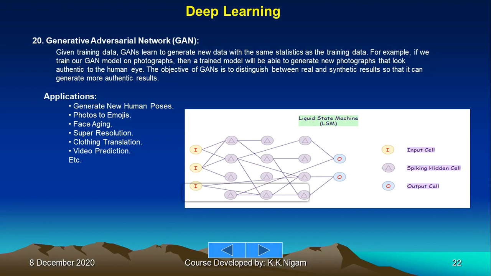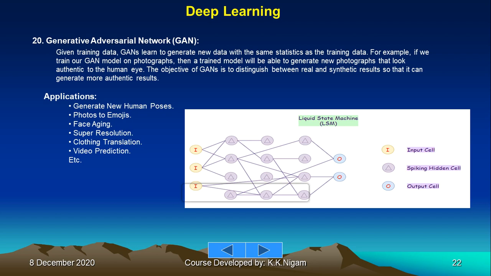Now, generative adversarial network, GAN. Given training data, GANs learn to generate new data with the same statistics as the training data. For example, if we train our GAN model on photographs, then the trained model will be able to generate new photographs that look authentic to the human eye.